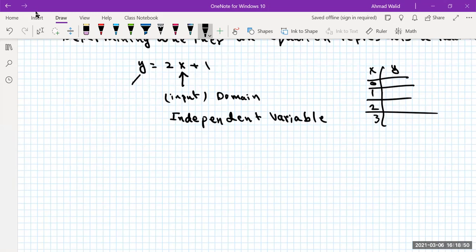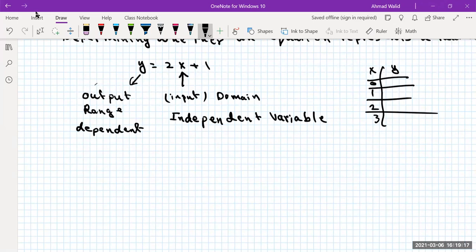Y, which was your output, we also call it the range. This one, we call it dependent. Why dependent?